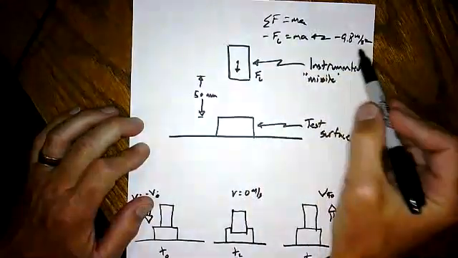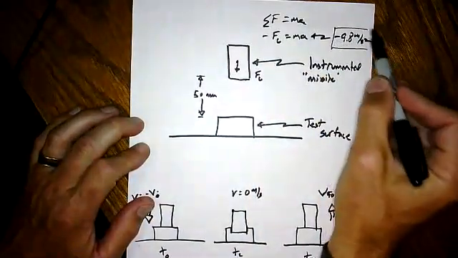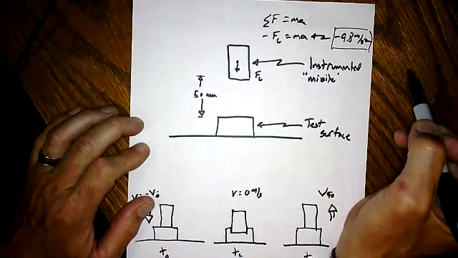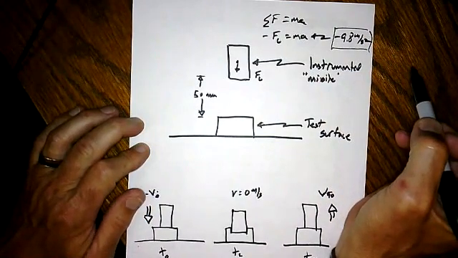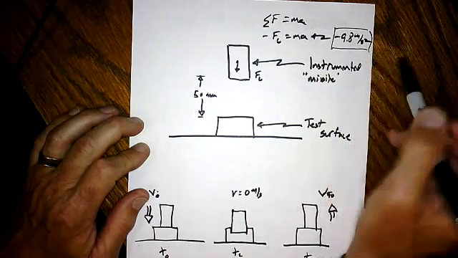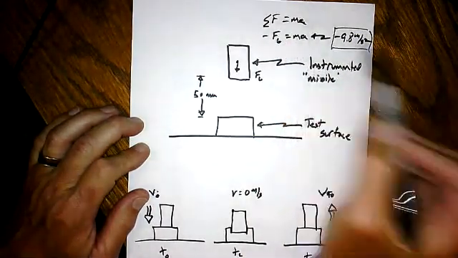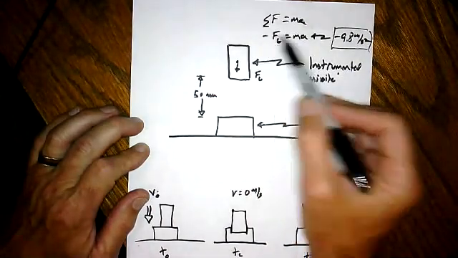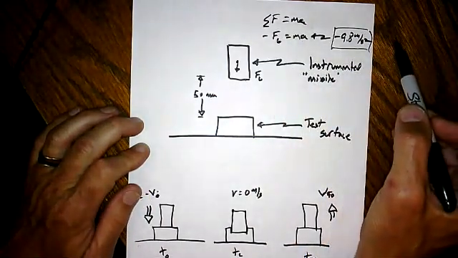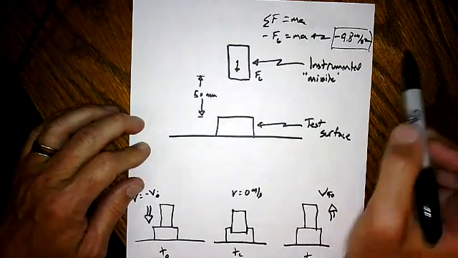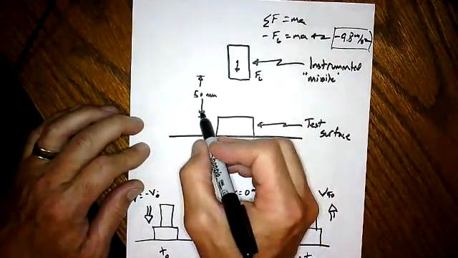Remember, this is the acceleration due to the force of gravity acting on the object. That's not gravity. That's the acceleration due to this force acting on the object. If we divide by the mass, we'll get g, and it's going to be a negative acceleration because the force is negative.